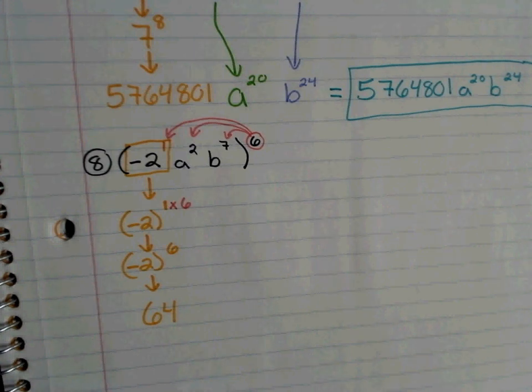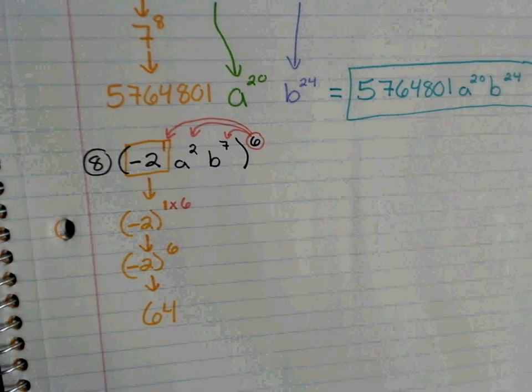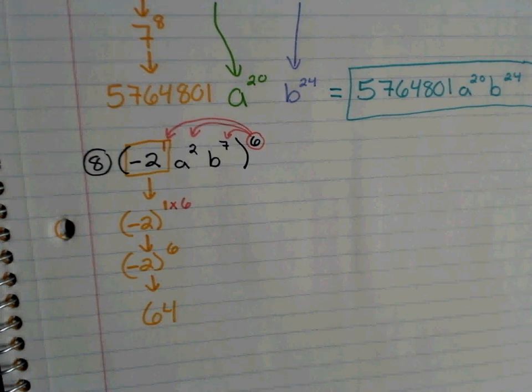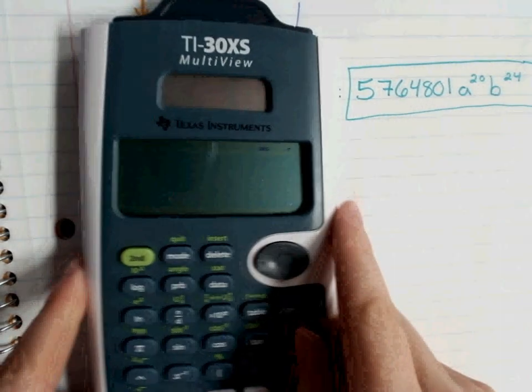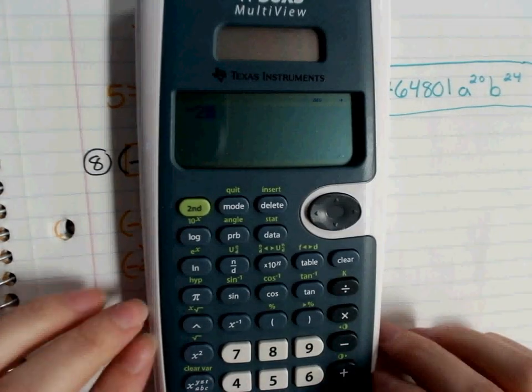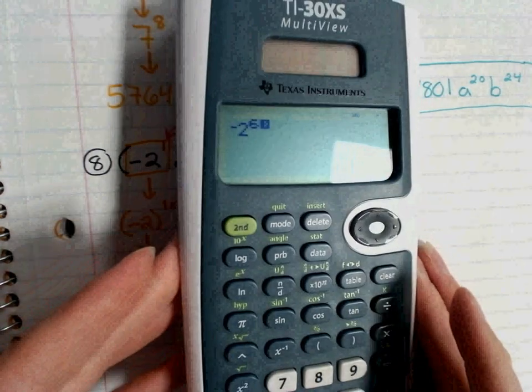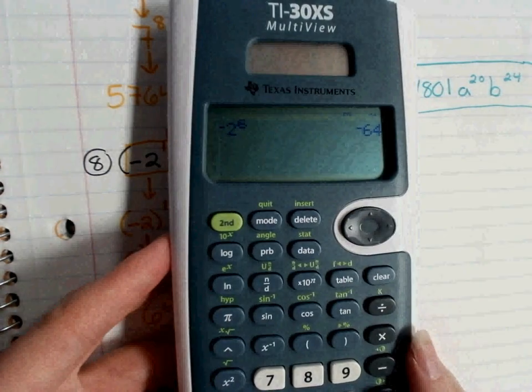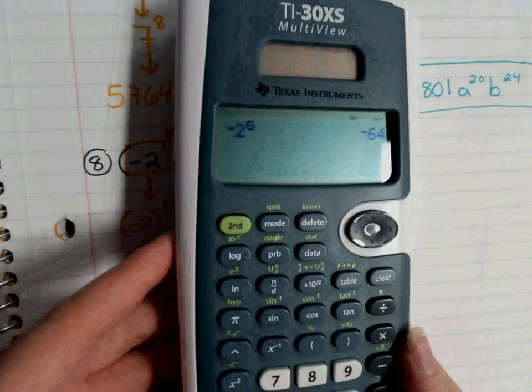The nice thing with the black calculators, you don't have to write the parentheses. But with the yellow or the XS calculators, you do have to put the parentheses. If you don't, like if I just do it as -2 to the 6th power, it's going to give me a -64.